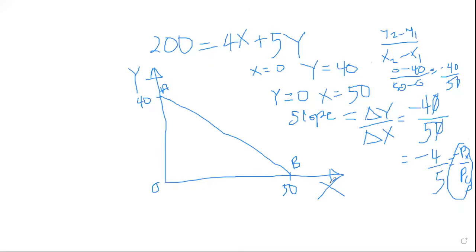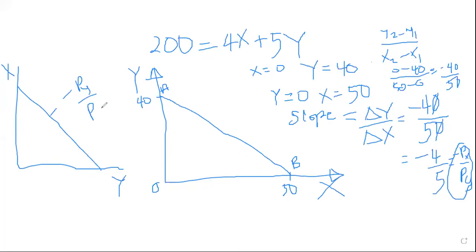If it had been the reverse, where we have y on the horizontal axis and x on the vertical axis, then the slope of this line will rather be minus Py over Px. So please take note of this.